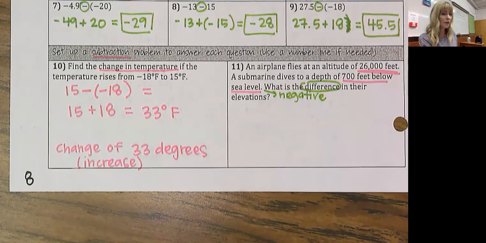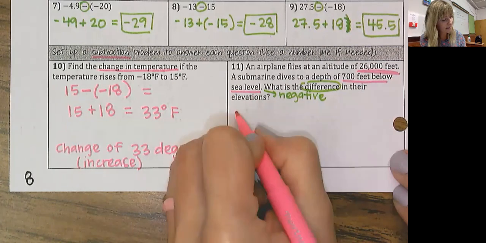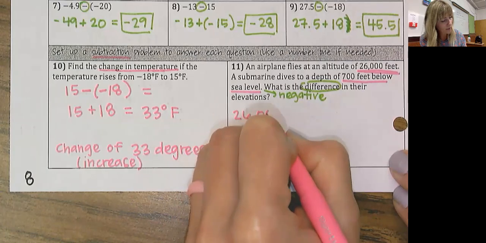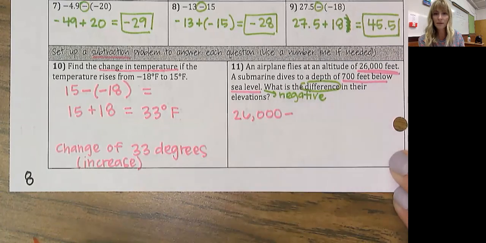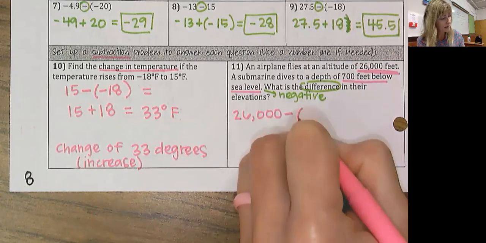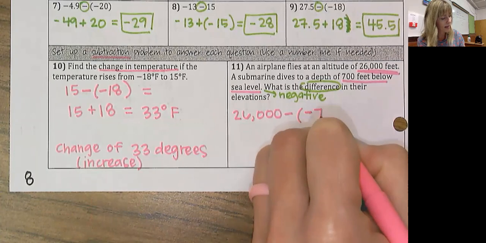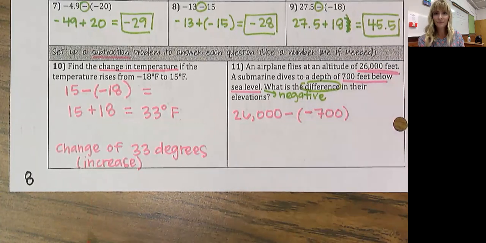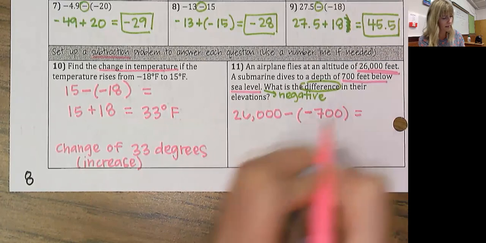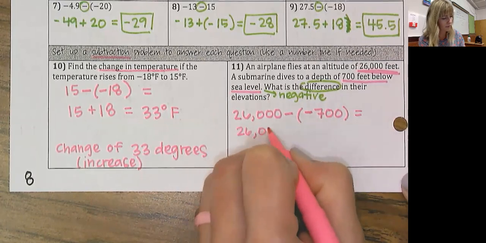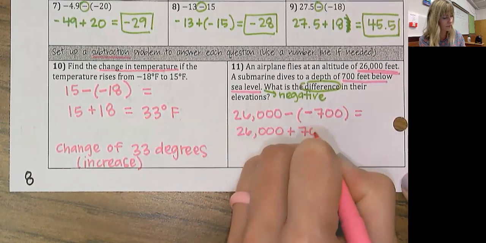I have an airplane that's way up high at 26,000 feet. I'm looking for the difference, so I'm going to subtract, but I'm subtracting a negative. No big thing. We know what that means. We know subtracting a negative is really adding a positive.